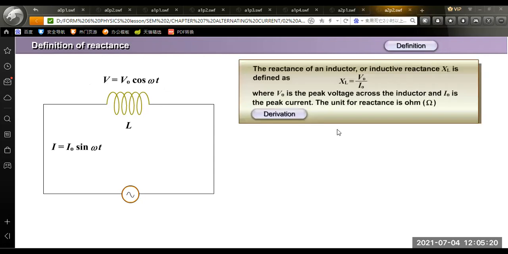From here, the reactance will be the resistance for the inductor, the concept of resistance for the solenoid.